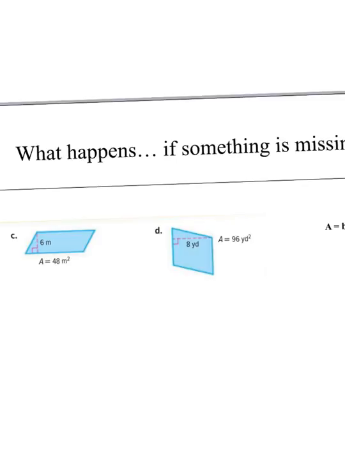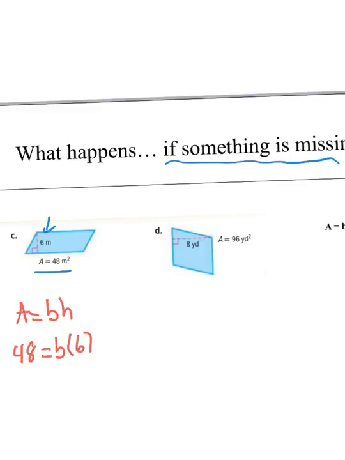So what happens here if something is missing? If you see that it's given me the area already, and then it gave me the height. Well, we learned before we left for this massive break in quarantine that we know how to solve one-step equations. So it gave me area is equal to base times height. If my area is equal to 48, we don't know my base, but we know that my height is 6.